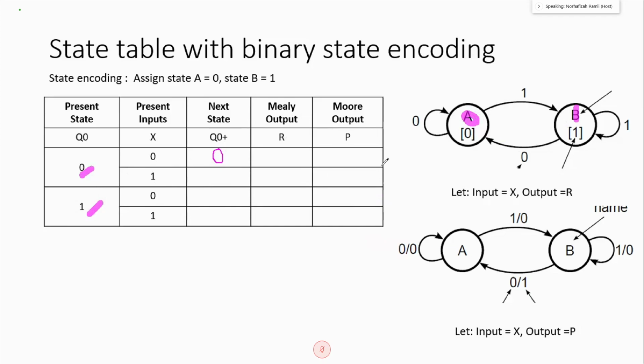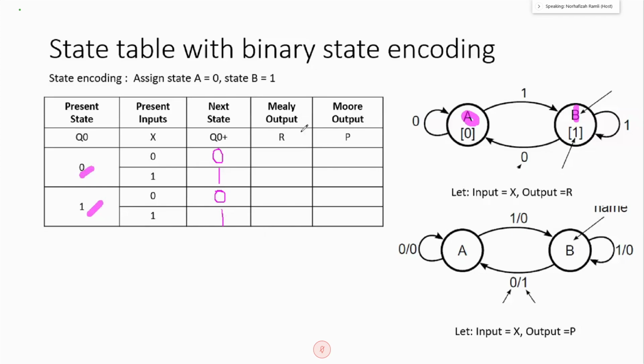If you are from here and the input is 1, it goes to 1. If you are from state 1 and your input is 0, it goes to 0. And if you are in 1 and the input is 1, you stay in 1. So basically, this is A, B, B.